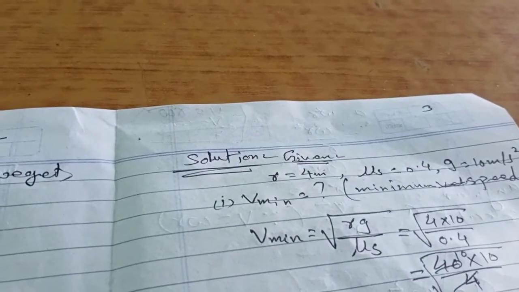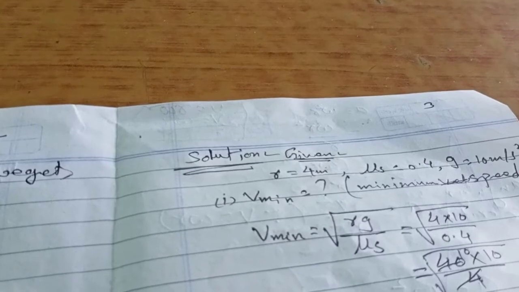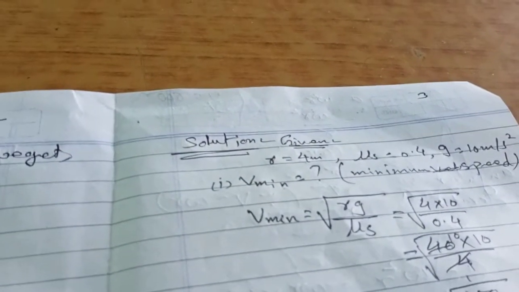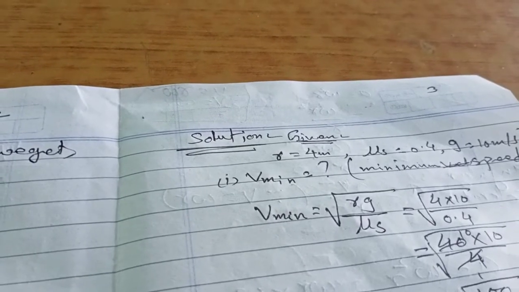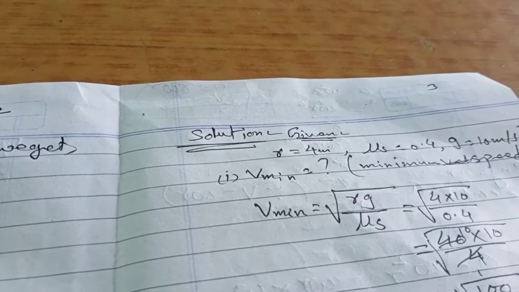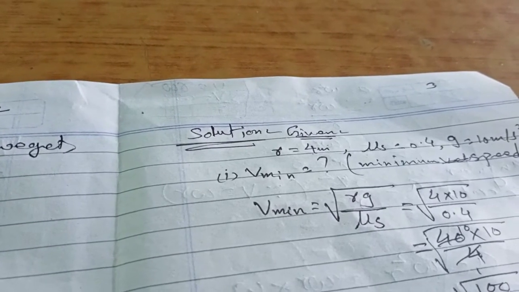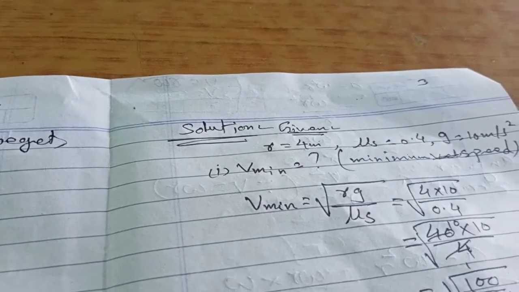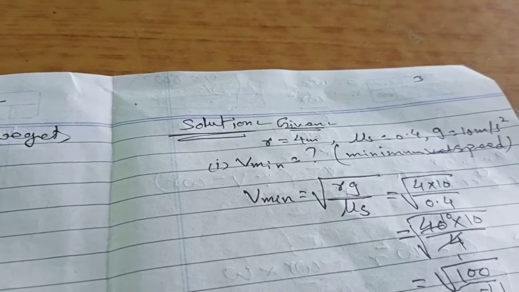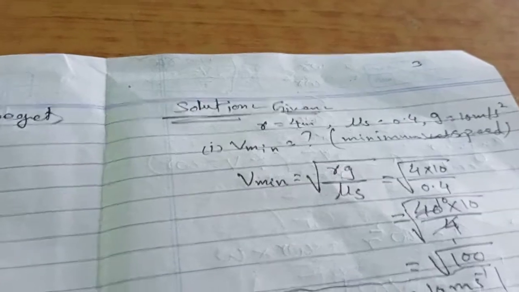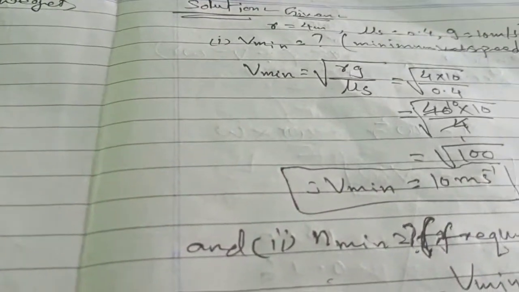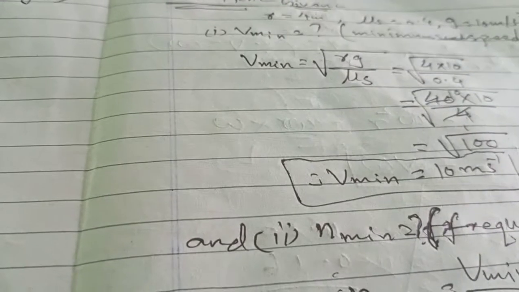You know velocity is root of r g upon mu s. Putting in the values, 4 into 10, and mu s is 0.4. Removing the decimal, 4 into 10 is 40, 10 into 10 is 100, root 100, so the minimum velocity is 10 meter per second.